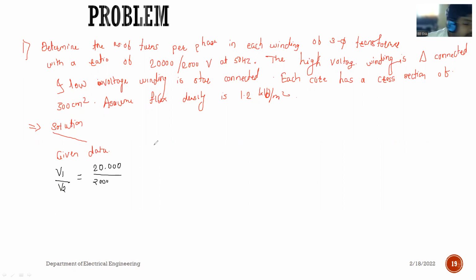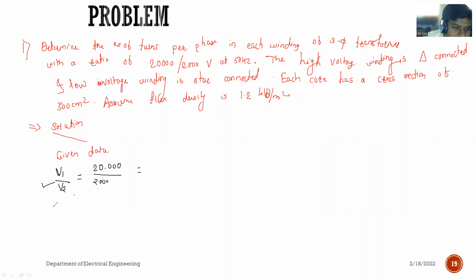We can also represent it in terms of phase voltage, that is induced EMF per phase, EPH. So the voltage ratio V1 divided by V2 is 20,000 divided by 200.